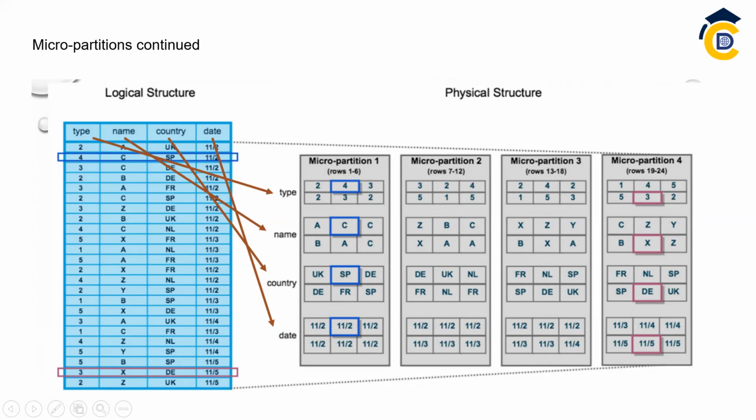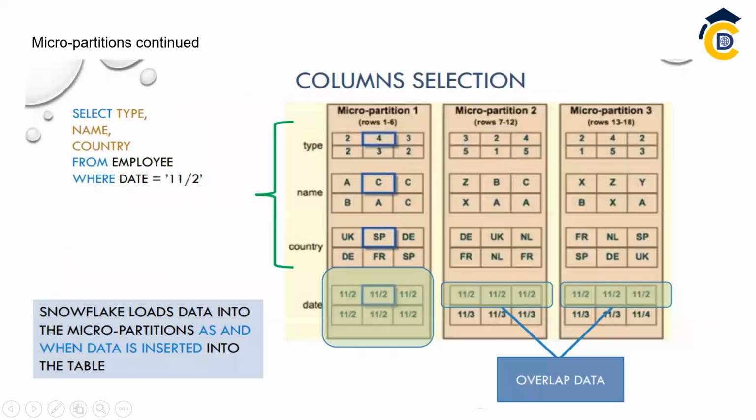Okay, let me go back to that slide here. So when you don't have the same value of that column in the partition, for example, you have 11 by 2 here, you have 11 by 2 here also, but you have other values also inside it, that is called overlapping data. So these 2 partitions are not purely having 11 by 2, but they also have other values within them.